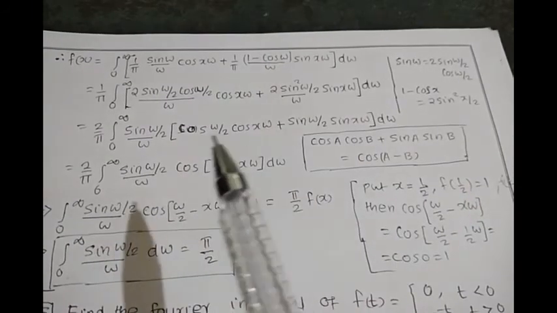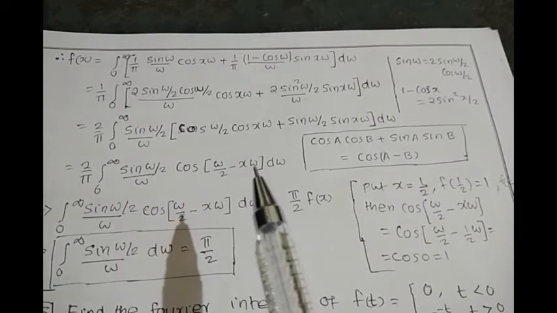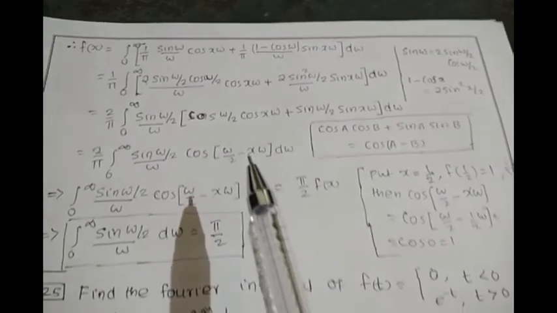This is of the form cos a cos b plus sin a sin b, which is cos a minus b, where a is omega by 2 and b is x omega. So we write cos of omega by 2 minus x omega.